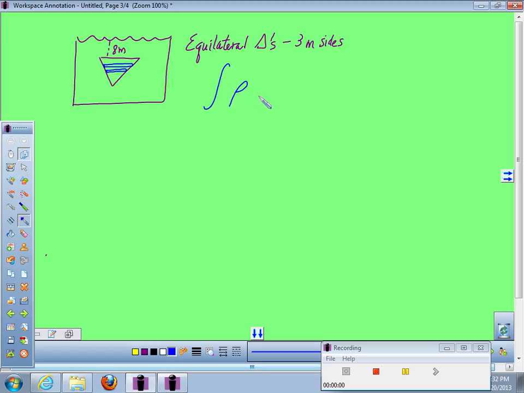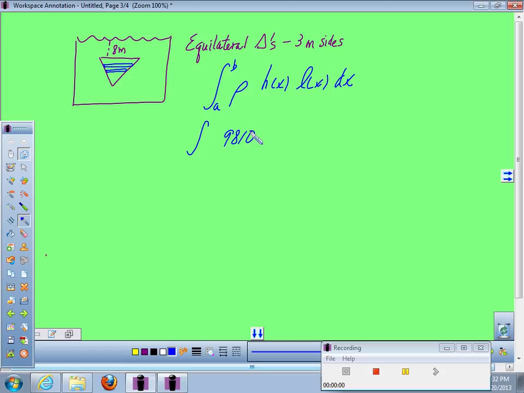Once again, let me put the formula on here. In this particular case, which rho value? It's 8 meters, so it's 9,810 newtons per cubic meter. Okay, what does the H stand for?